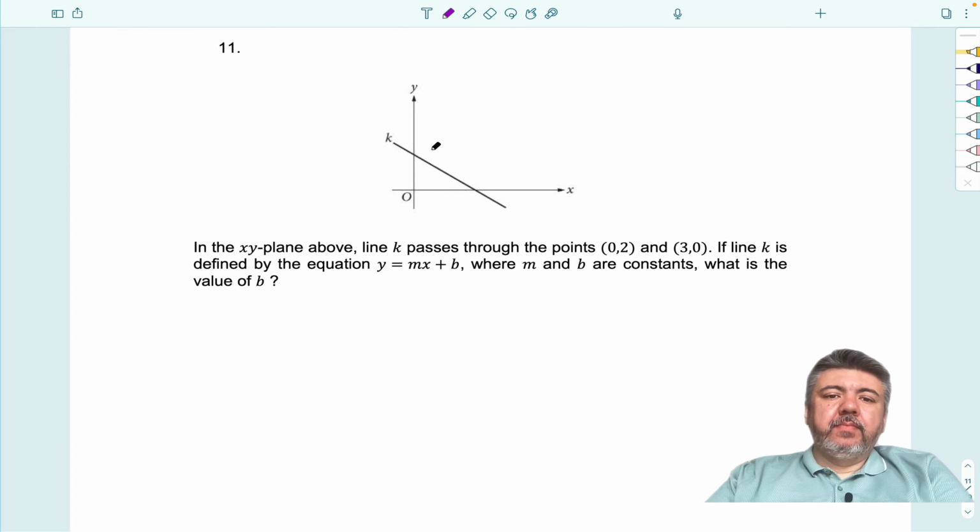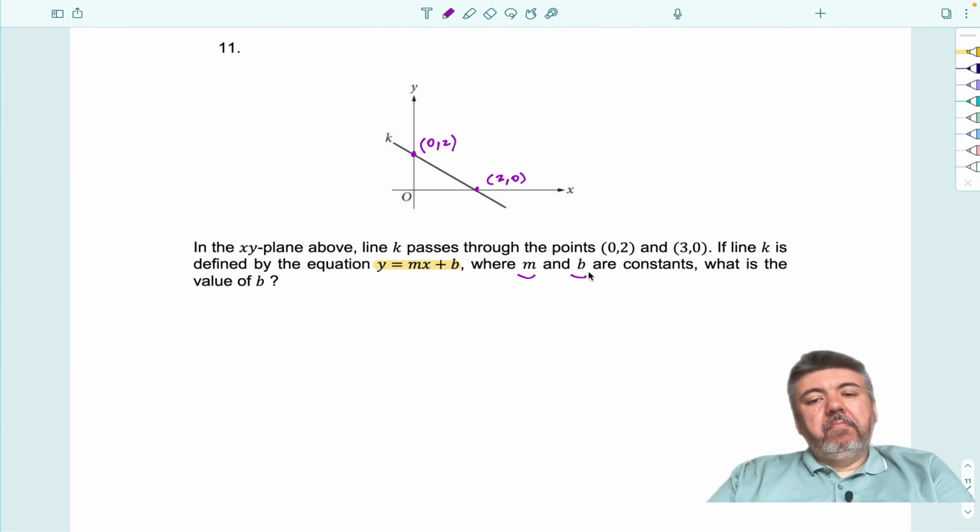Question 11. In the xy plane above, the line K passes through the points 0, 2 and 3, 0. Okay, 0, 2 is here. This is 0, 2. And 3, 0 is here. If line K is defined by the equation y equals mx plus b, that means slope-intercept form, what is the slope?